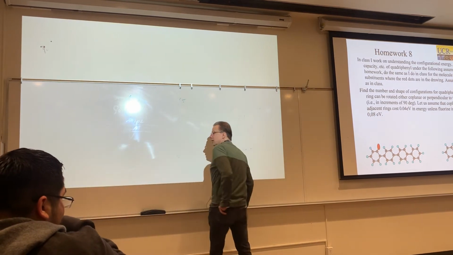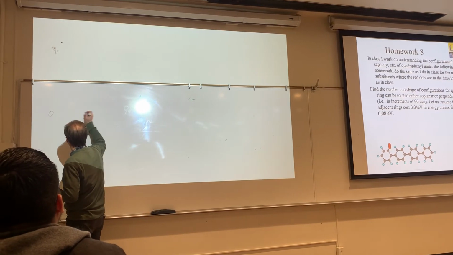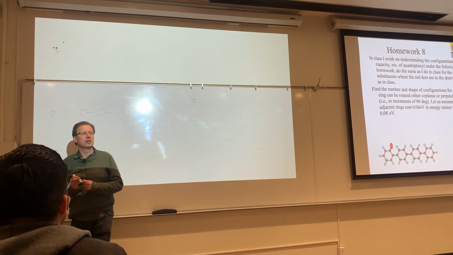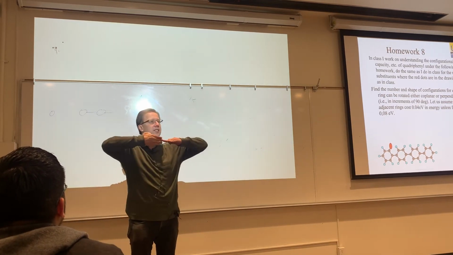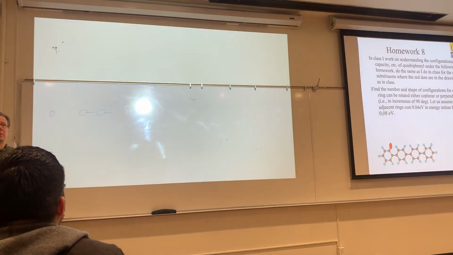So, the ground state with 0 coplanar rings looks like this, correct? I have one ring this way, the next this way, the next this way, the next that way. Okay, everybody with that kind of shorthand which I'm writing over here.